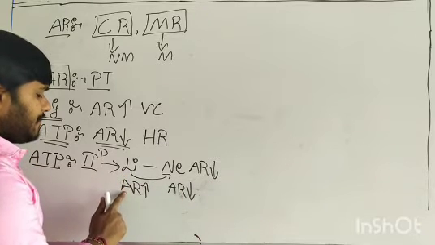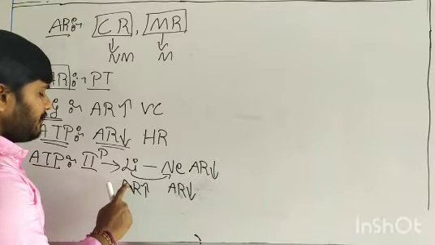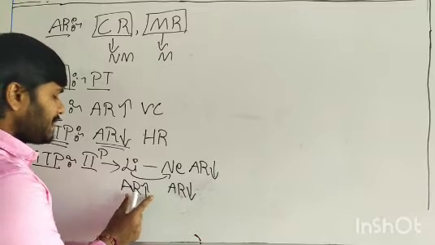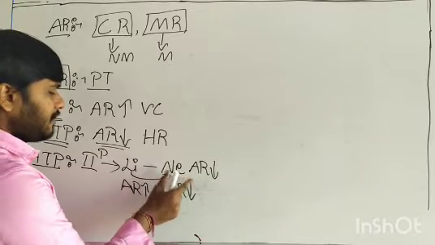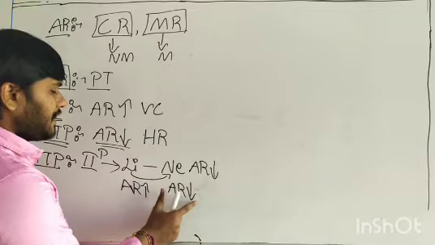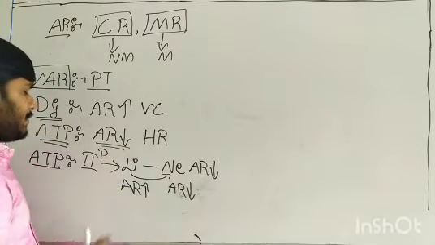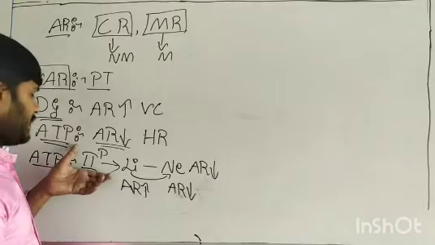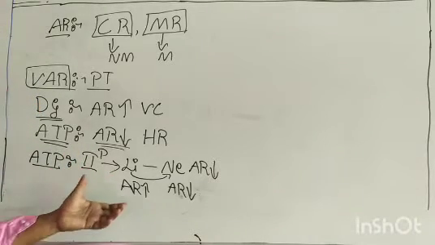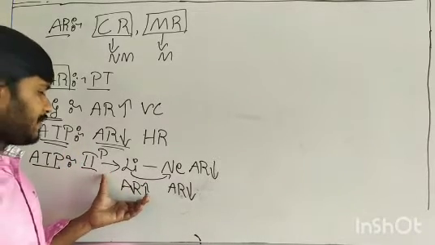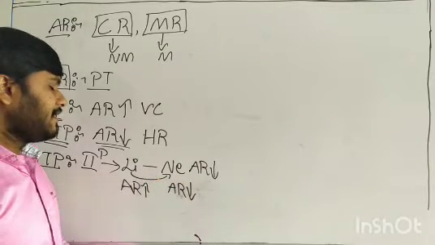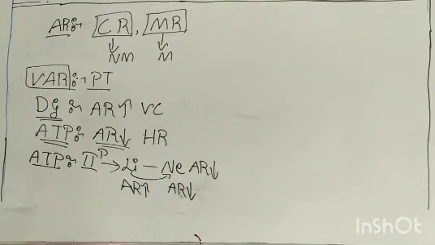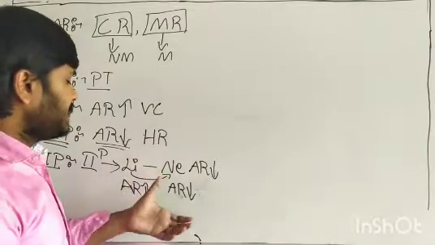Lithium will have the highest atomic radius, whereas neon will have the least atomic radius in the periodic table, and that too in the second period. What is the reason for this?